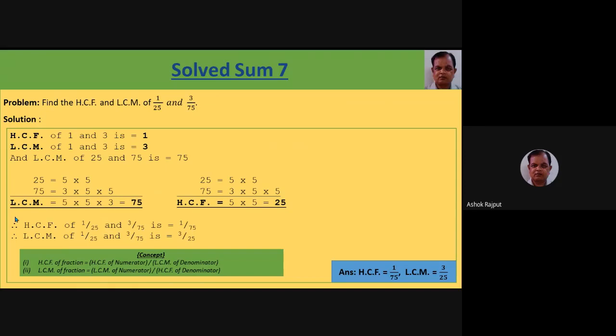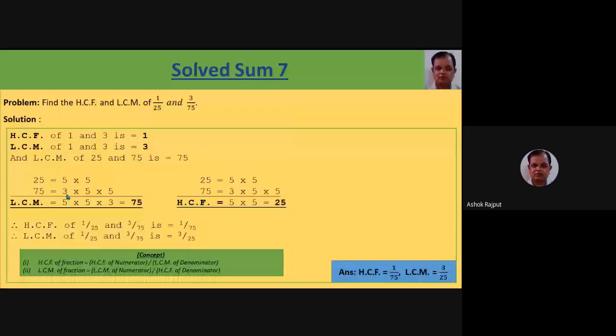In LCM we write the common factors and the other remaining factors. In HCF, we write only the common factors. It is a simple way. So here 5 into 5 are common, and 3 is here. So 5 into 5, 25, into 3 equal to 75. 5 into 5 equal to 25.